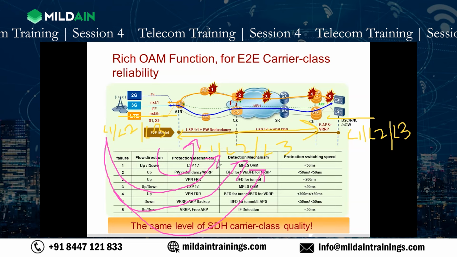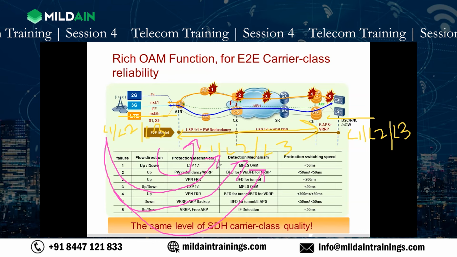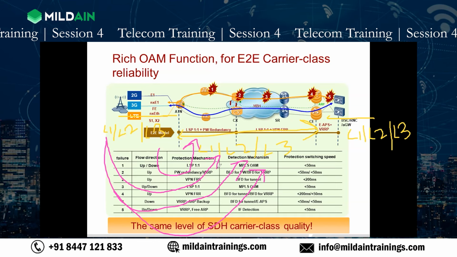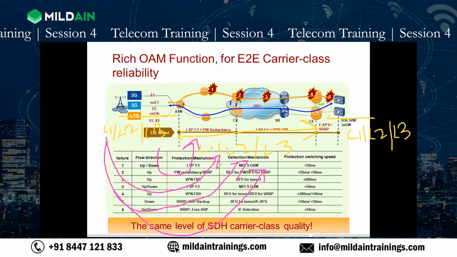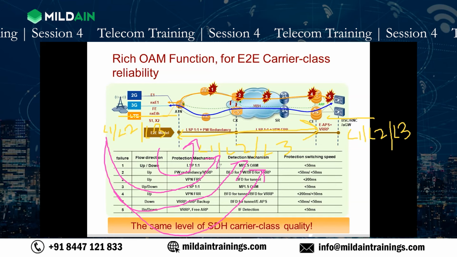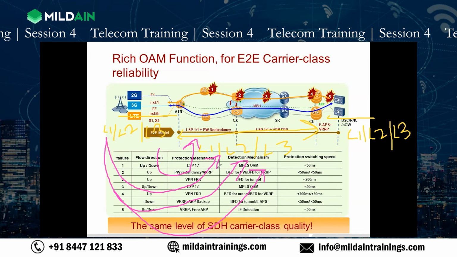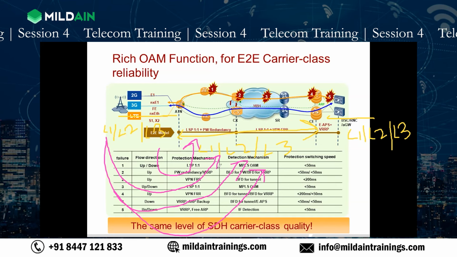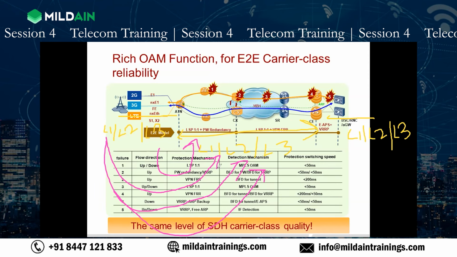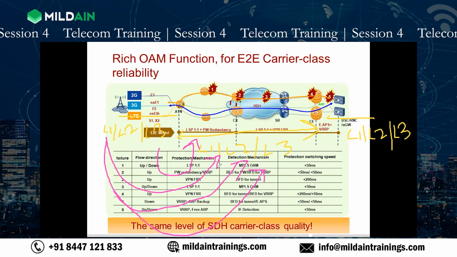Let's say layer 1 has an issue on the UNI. There is no need for it to go only via L1. It can be the primary, but if there is a failover, it can take it through L2 or L3 also. At a time, L1 can enter either on L1, L2, or L3. So switchover will happen in the same nature.